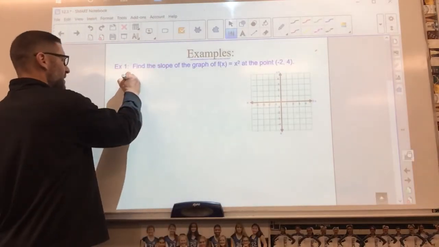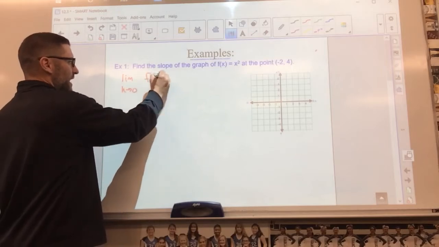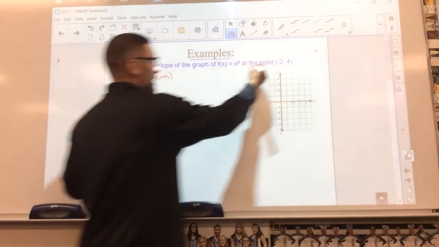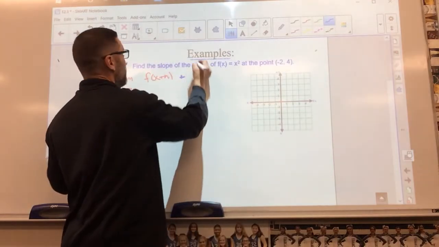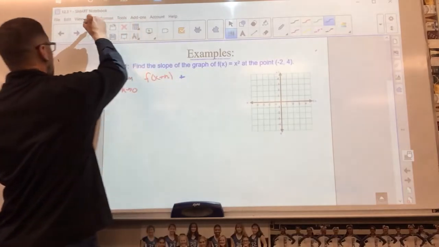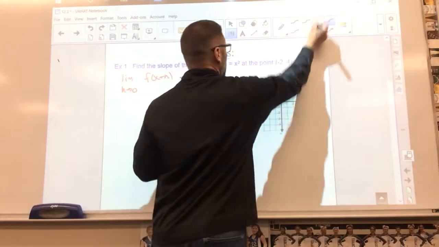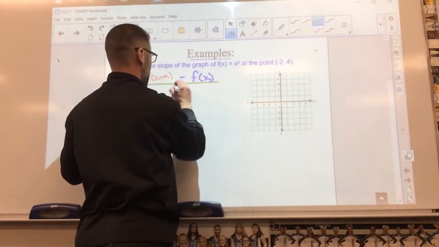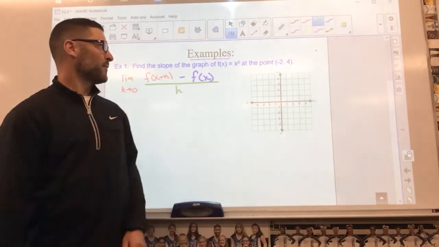So we'll find the limit as h goes to 0 of f of x plus h, and I'm going to switch colors a lot, minus f of x all over h. And I have it in 3 parts because this is a 3-part formula.